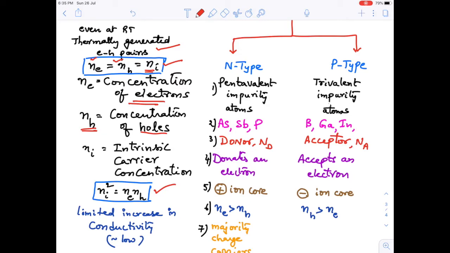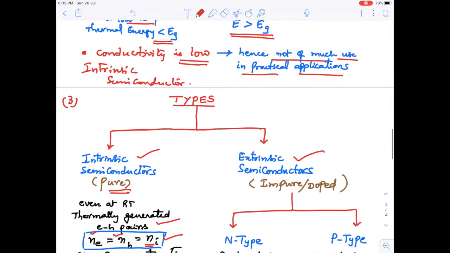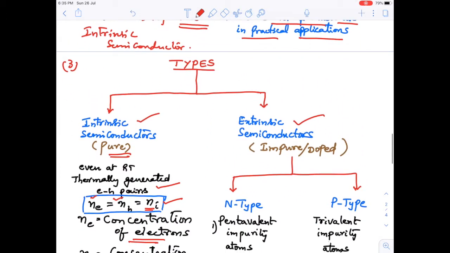Now, in this there is a limitation that you cannot increase the conductivity beyond a certain level, and usually the conductivity is of low order. Now, the second and most important class of semiconductors are extrinsic semiconductors. What is the other way that you can increase conductivity? By adding impurities.